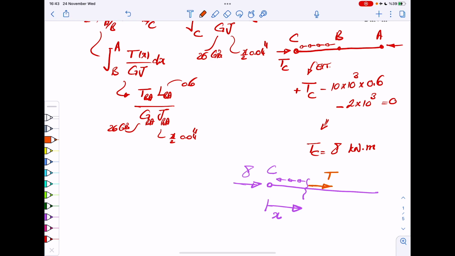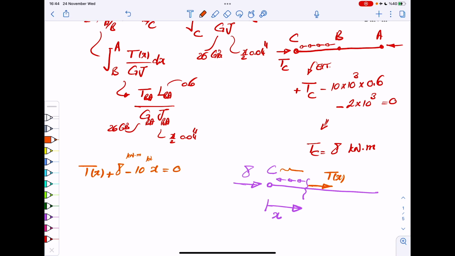If you cut this at a distance X, now your Tx, remember we said this is our convention. Now this is our internal T that we are talking about. Our Tx plus that 8 minus whatever you get from these little things, which is 10 times, let's write all of this in kilonewton meter, so this is kilonewton, times x equals 0.